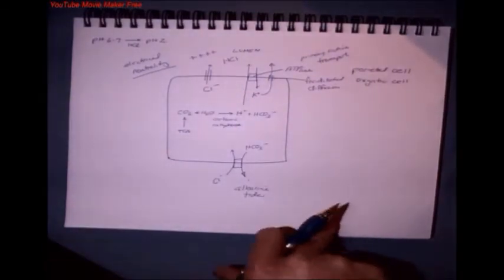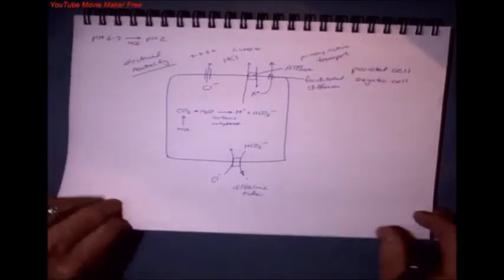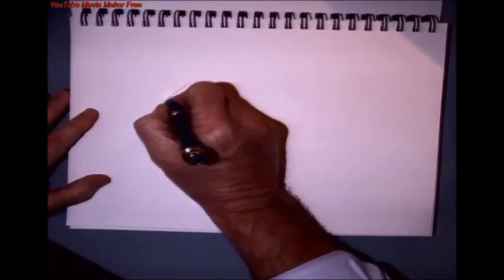Okay, so now that we have the mechanism here of how acid is produced, obviously we have some sort of regulation mechanism of how to control this. And so we're going to turn our attention to the next type of cell. And I'll turn the page on this one.